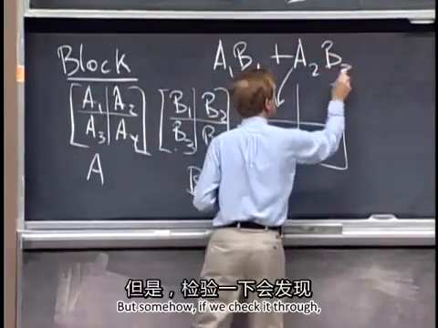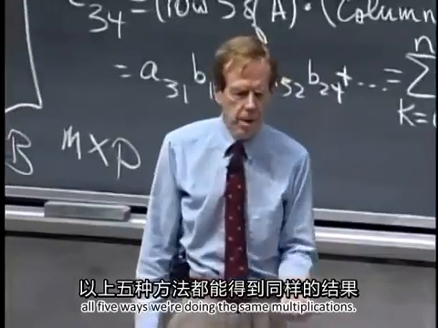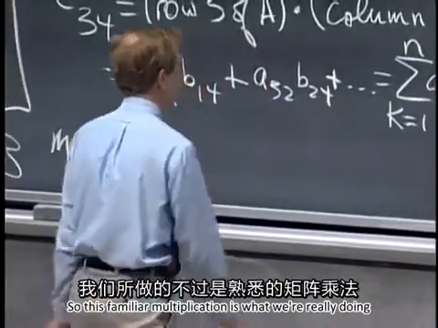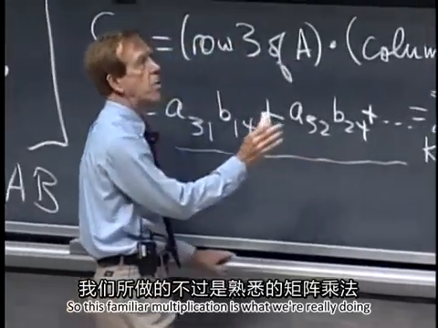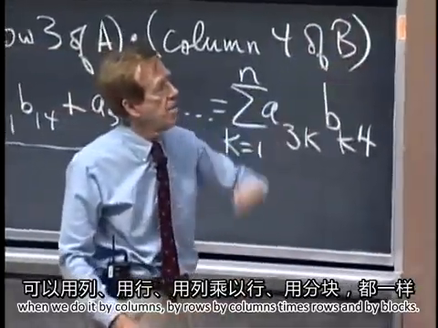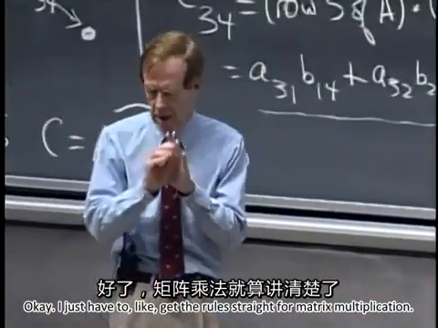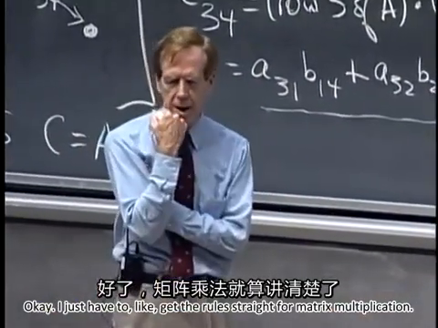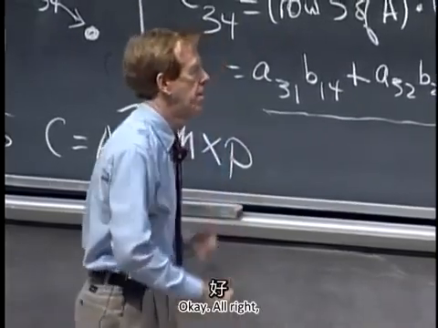But somehow, if we check it through, all 5 ways we're doing the same multiplications. So this familiar multiplication is what we're really doing when we do it by columns, by rows, by columns times rows, and by blocks. Okay, I just have to get the rules straight for matrix multiplication.